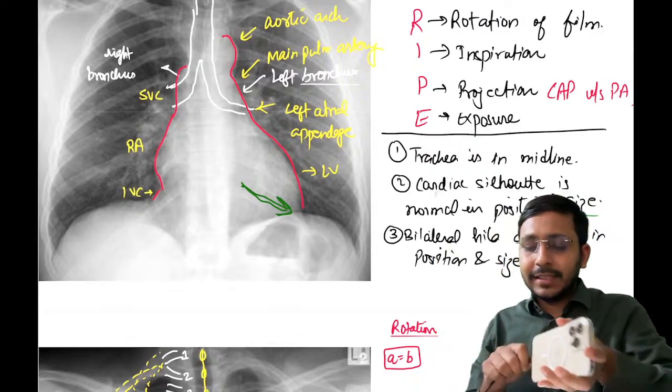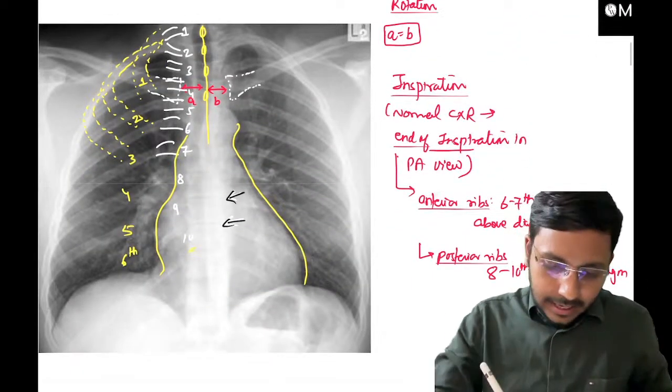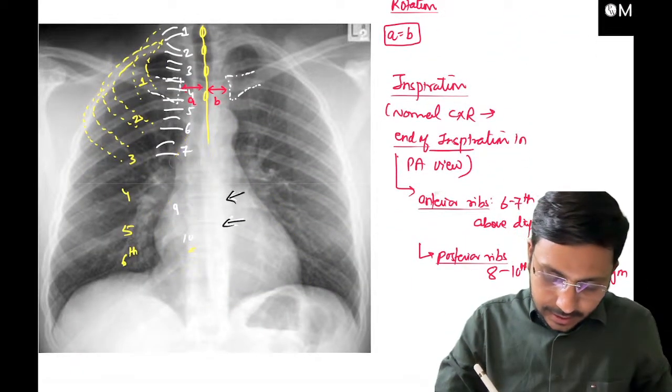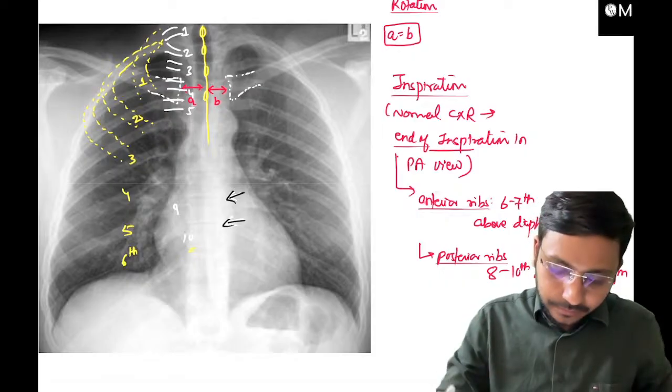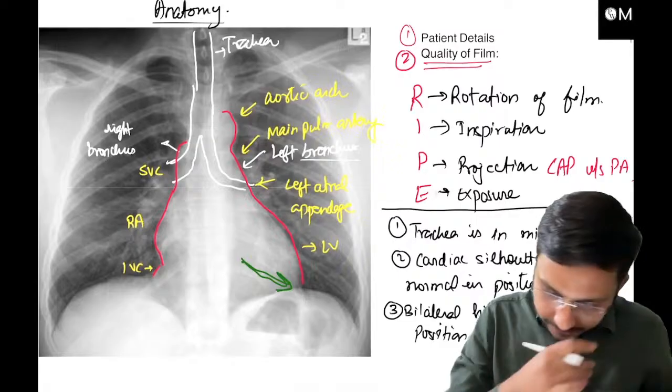Third thing that we'll see are the hyla. Now, where are the hyla present? Basically, hilum of lung. So this is the right hyla. I'll draw it here only.